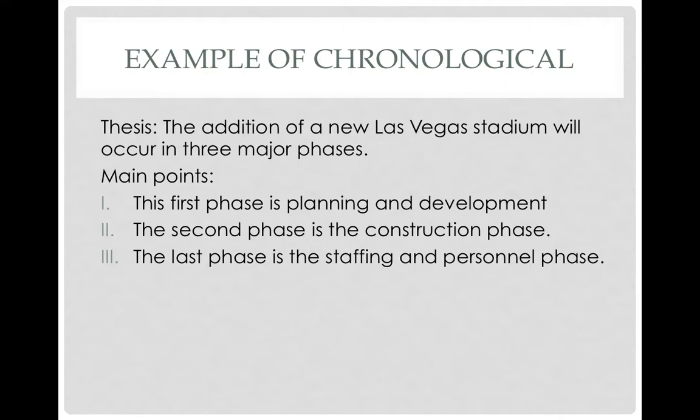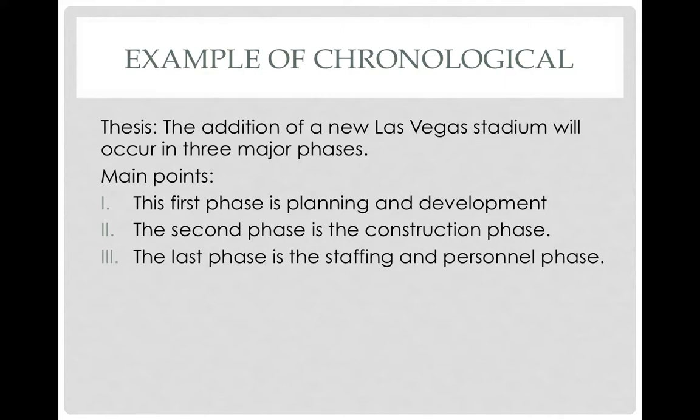So your challenge when using chronological ordering is you've got to reduce the multiple different steps or the multiple different events in someone's life down to 2 to 4 main points, which means you're going to have to lump a bunch of events or a bunch of steps into groups of steps, or as I do here, into phases. Or we might talk about the stages of someone's life or the major turning points in their life.